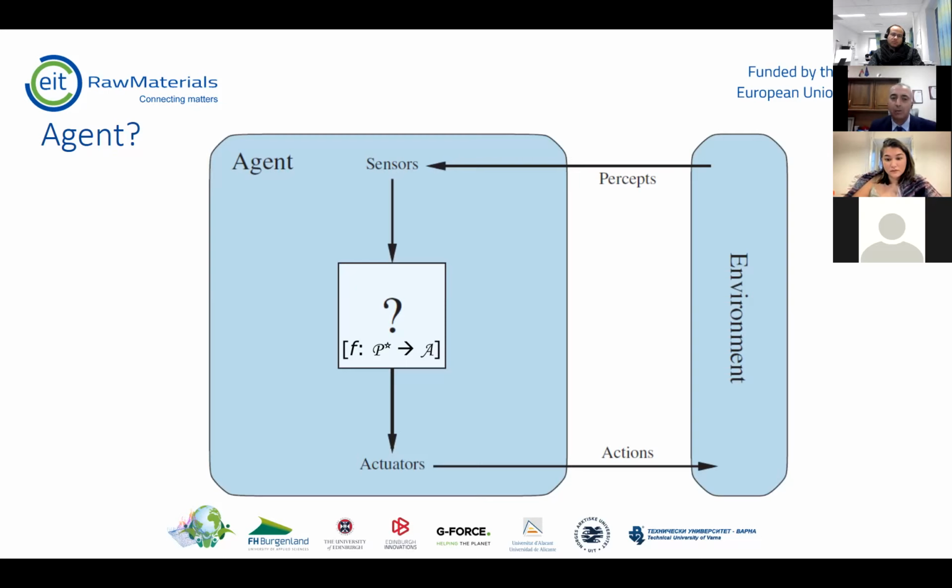So a rational agent is doing what is right, something that leads to a benefit, to a specific goal, if there is a goal defined. If there is no goal defined, to a specific utility.